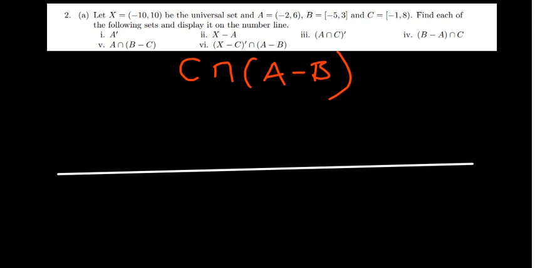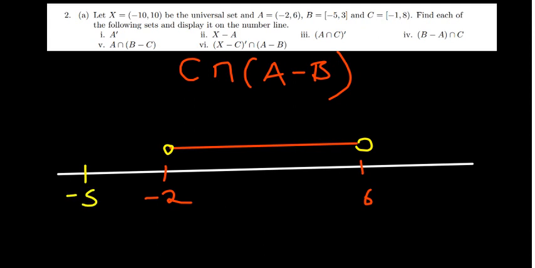So I'll plot my A. My A is from negative 2 to 6. That is my set, set A. And then my set B is moving from negative 5, which should be beyond negative 2, all the way up to 3. 3 is between negative 2 and 6.